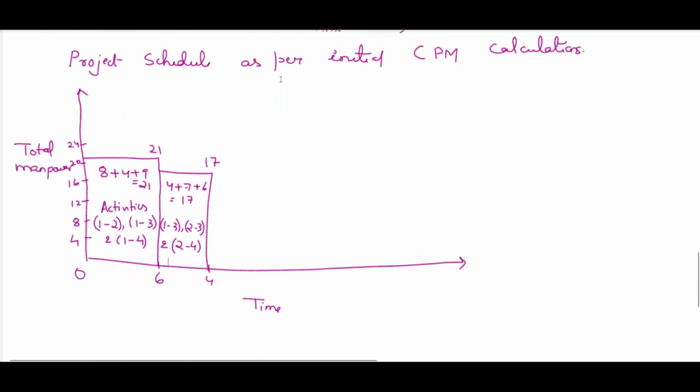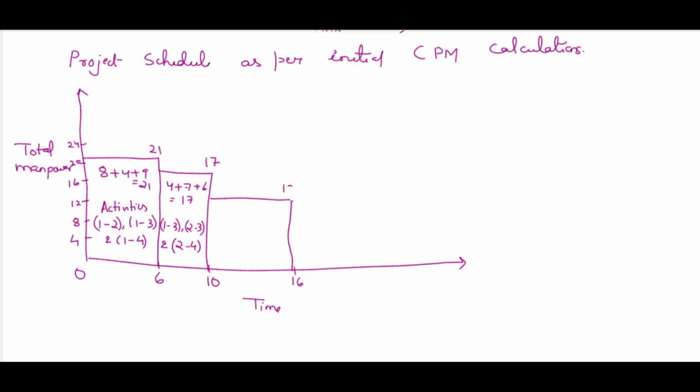So it is up to 13. 7 plus 6, it is 13. 6 plus 4, it is 10. Then again it was 16. For 16 it was up to 13, a little bit higher than 12.